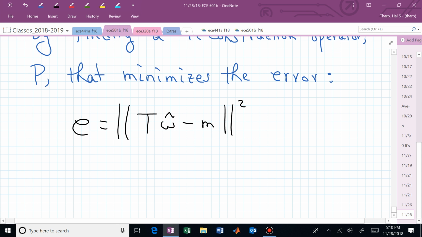The distance between T W hat, W hat being our estimate, and the measured vector M.